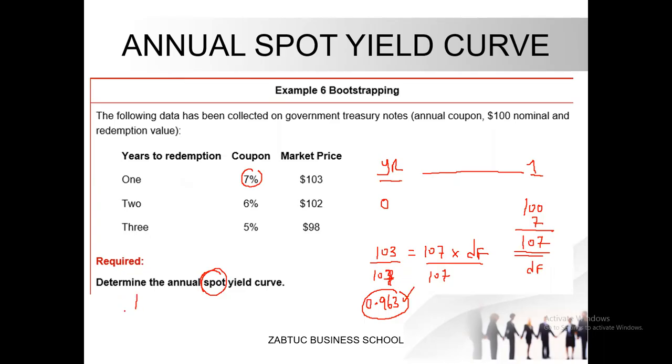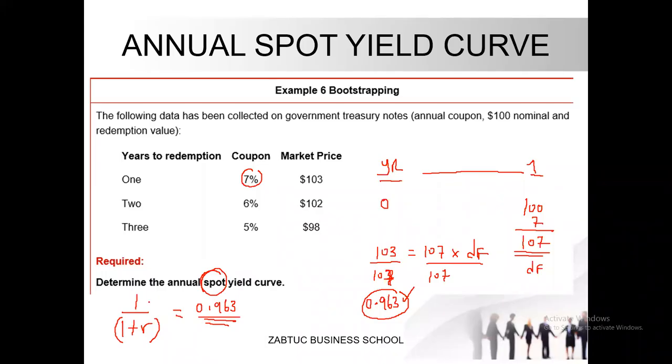The discount factor is 1 over what? So then what is this interest rate that can give you 0.963?